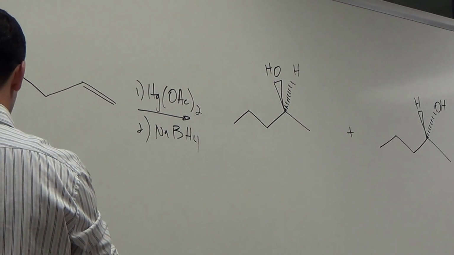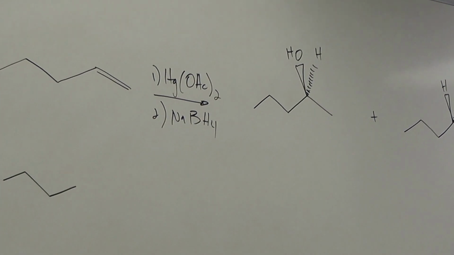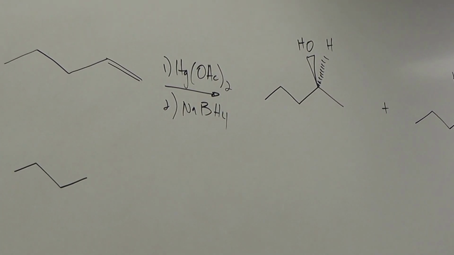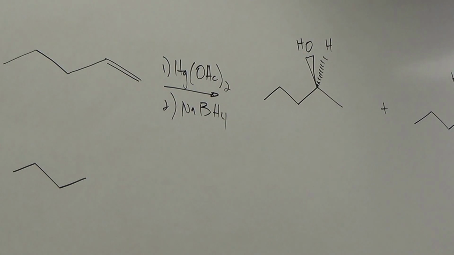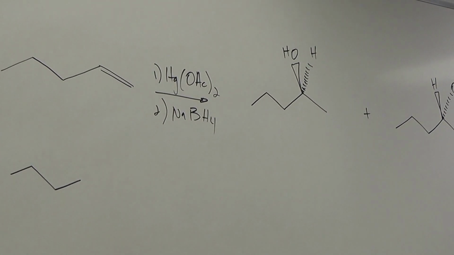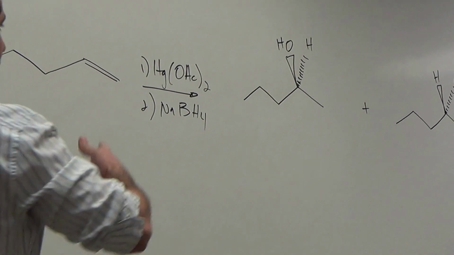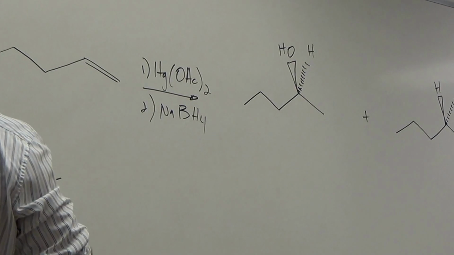Now, what is the nice thing of oxymercuration, demercuration? There is no rearrangement of the carbocation. When we had hydration before, which was to form an alcohol too, there was rearrangement.